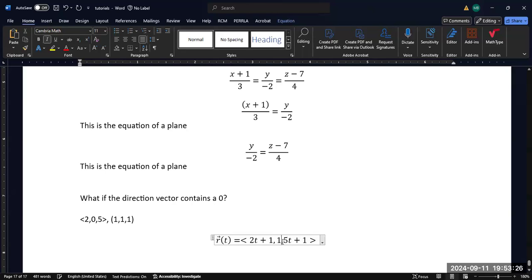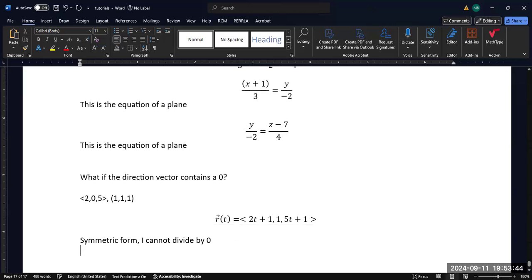And the fact that y is equal to 1 in the middle here does not affect either the parametric form or the vector valued function form at all. But in symmetric form, I cannot divide by 0. So don't do this.